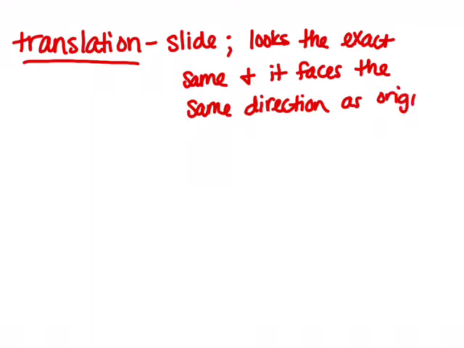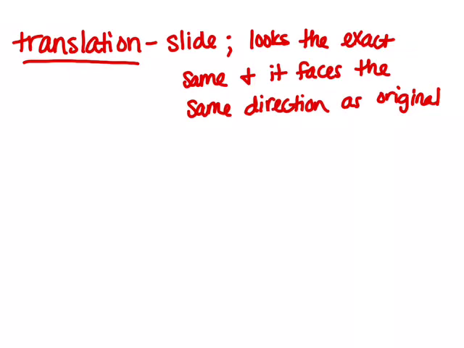So if you think about, let's say you're in Google Docs and you have a shape in there, and you just straight copy and paste that shape, that is what a translation looks like. When you copy and paste it, it creates the exact image, and it usually pastes it over to the side just a little bit, but it's still facing the same direction. Okay? So that's what a translation is.